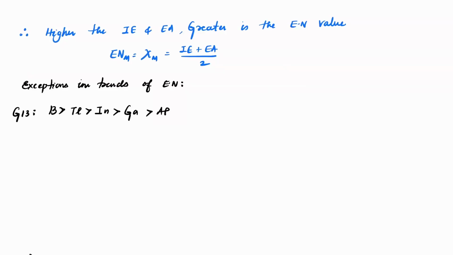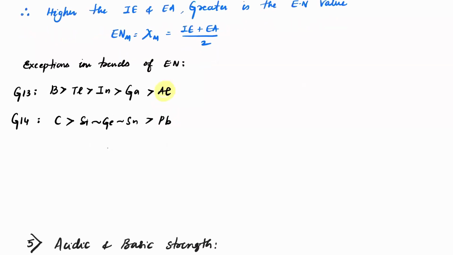Aluminium has the least. Next, group 14. Carbon is greater than silicon. Then germanium and tin almost will maintain similar electronegative nature compared to lead, which is slightly more. I'll give the exact values also: 2.5, all of them together is 1.8, and this is 1.9.